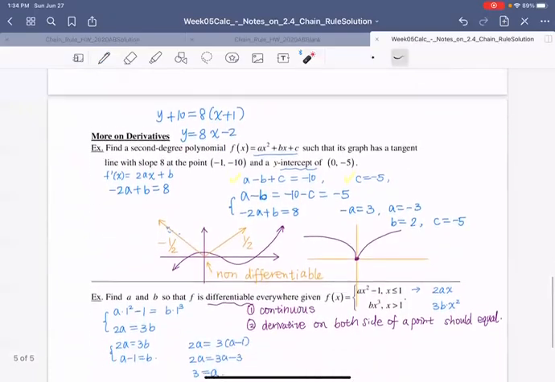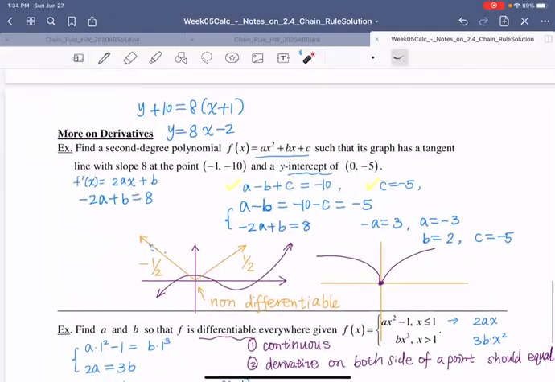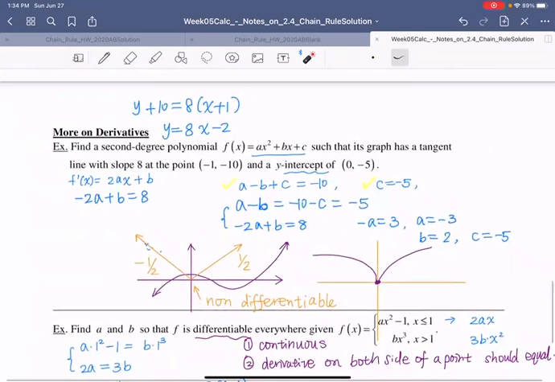Now, let's look at an application question. The question is saying, find a second degree polynomial. Now, this guy is a second degree polynomial. You don't know A value, you don't know B value, you don't know C value. This polynomial, you know for sure it's a parabola.